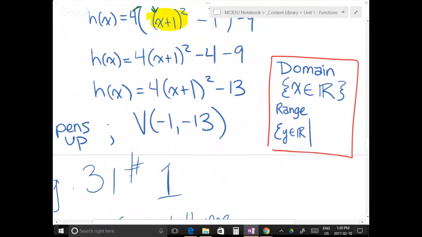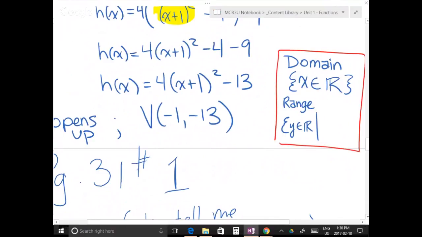But in this case, this parabola that opens up and has a vertex at negative 1, negative 13, what do I know about its y values? Sorry? Good. So it's got to be what? Bigger than or smaller than negative 13? Good. Well done.